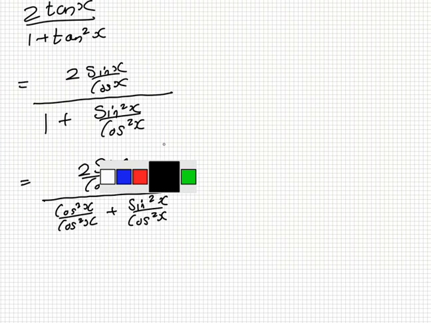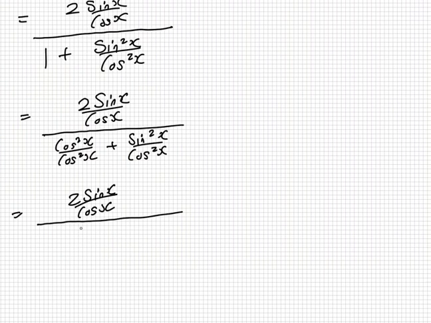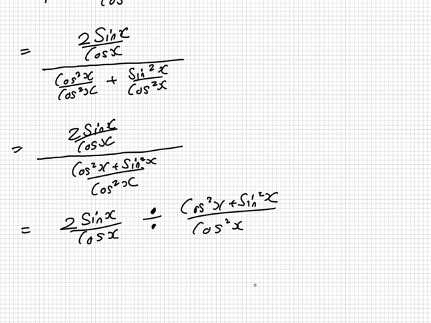Okay. Continue? So here, this is 2 sin x over cos x all over cos squared x plus sine squared x over cos squared x. So this is 2 sin x over cos x divided by cos squared x plus sine squared x over cos squared. But what's cos squared plus sine squared?